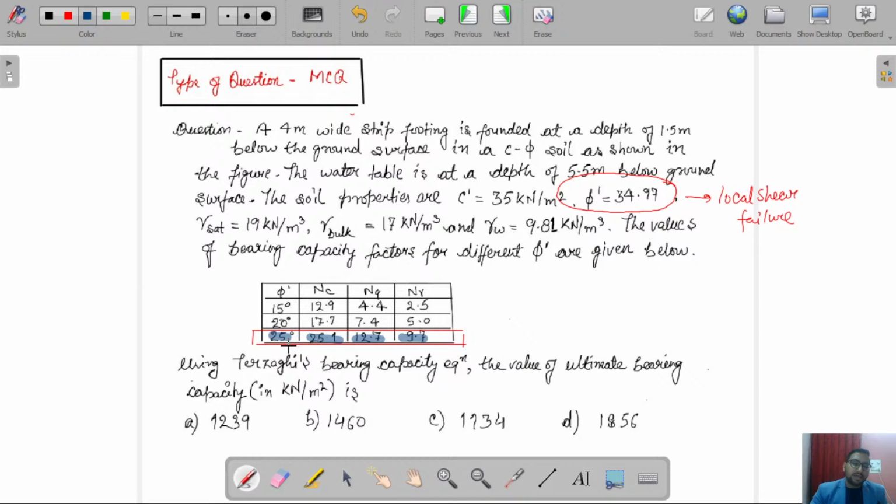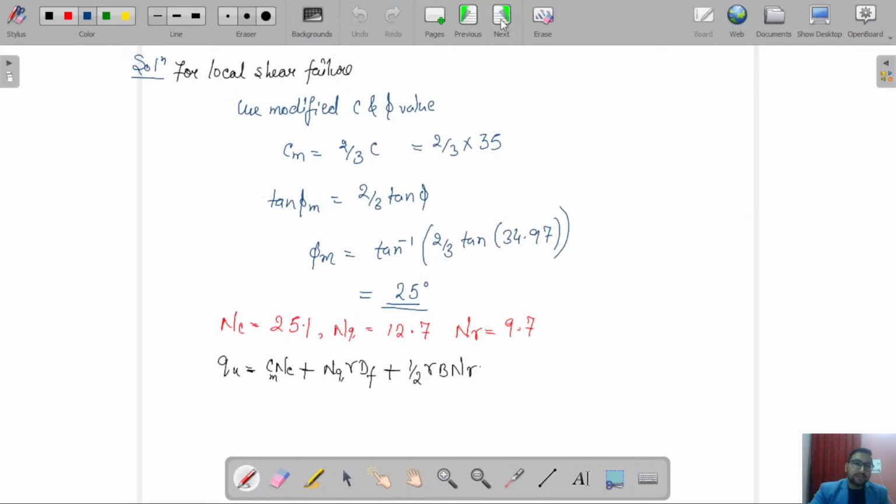Suppose you get 25.1, then also you have to assume it as 25. Suppose you get 24.8 or 24.9, then also assume it as 25, right? So interpolation we generally get if the variation is linear.